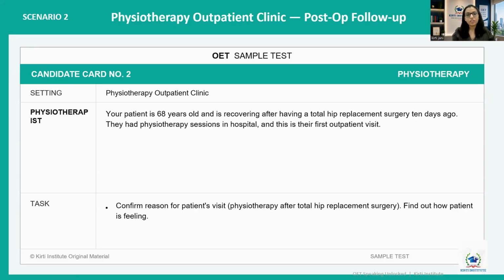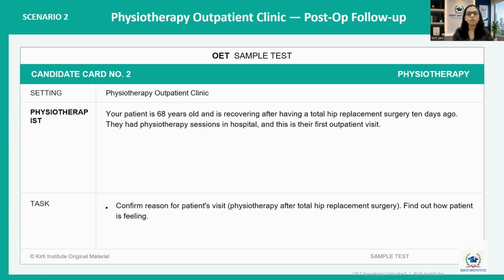So this is not find out the reason. We are confirming, which means we know the patient. So assume the patient has booked an appointment. You know that this patient is about to come at 4 p.m. for the post-surgery physiotherapy sessions. You know, but you will be confirming with the patient.